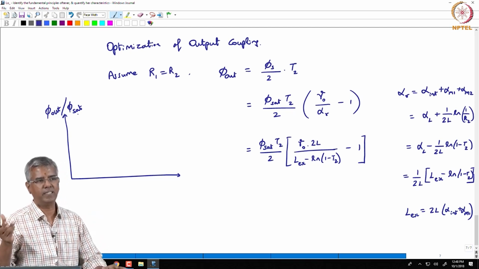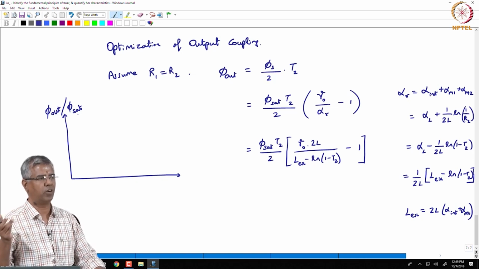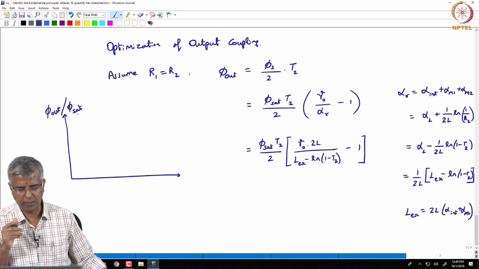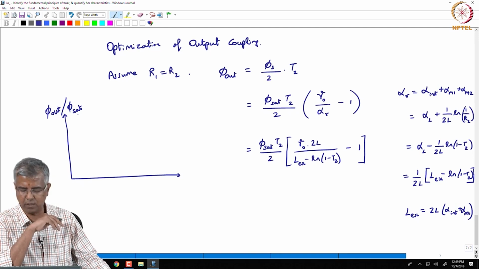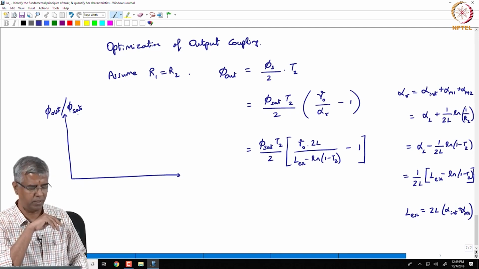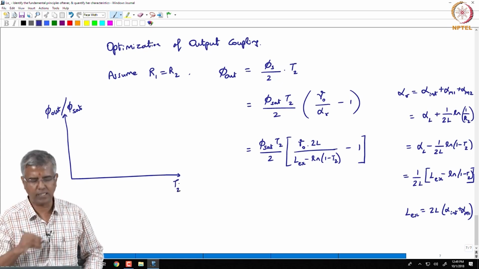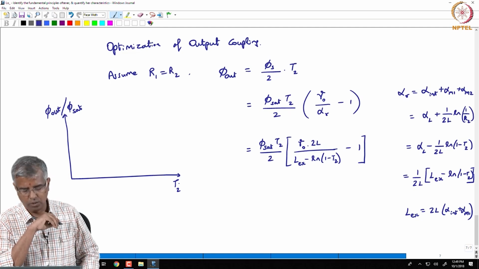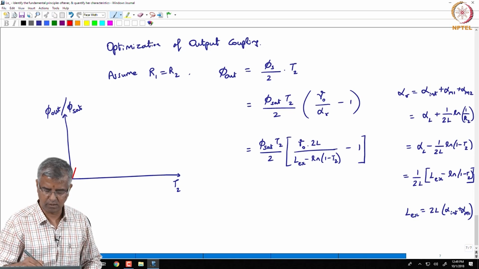That is the excited state lifetime as well as the emission cross section. Okay. So, that will be a constant for a given medium. So, I can just take that out of the equation. That is not a variable that I am interested in. What I am interested in the x axis is T2. Okay. So, if I plot this, I will get some function like this.